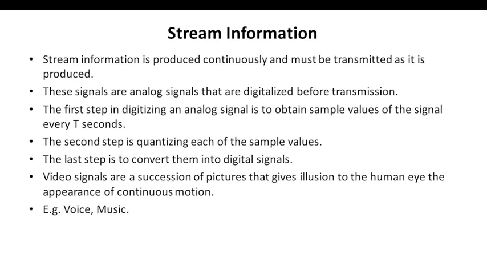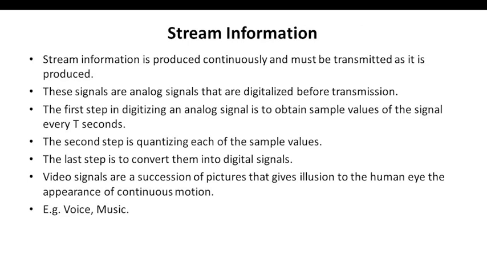The first step in digitizing an analog signal is to obtain sample values of the signal every t seconds. The second step is quantizing each of the sample values. The last step is to convert them into digital signals.